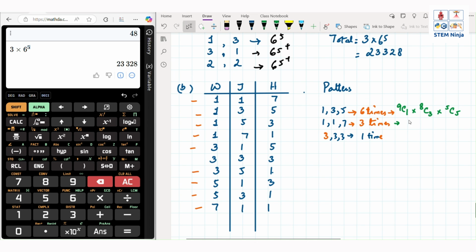Then we have 9C1 times 8C1. Then 7 are left, so 7C7. Then 9C3 times 6C3 times 3C3. Now, all we need is to write down the values for them.